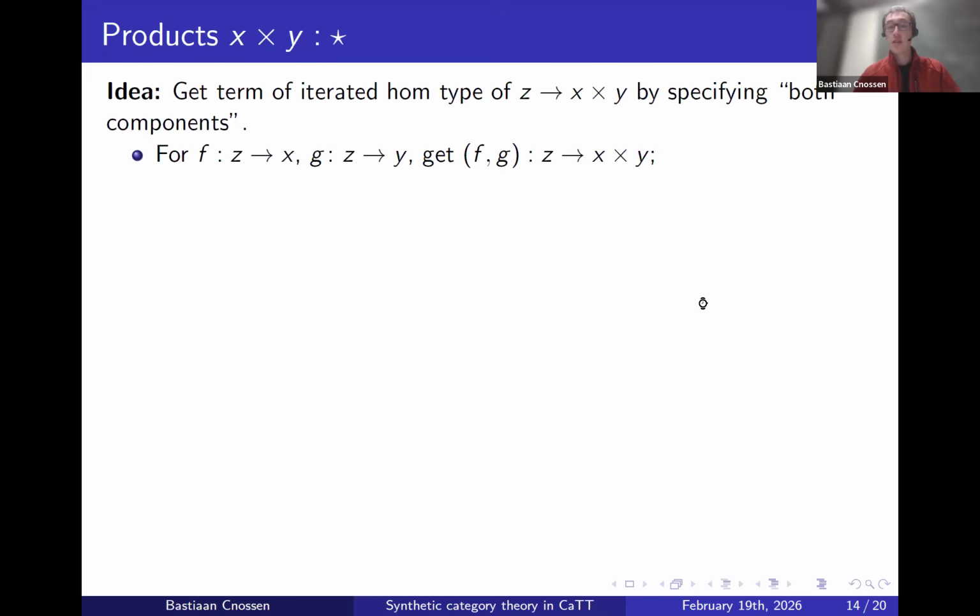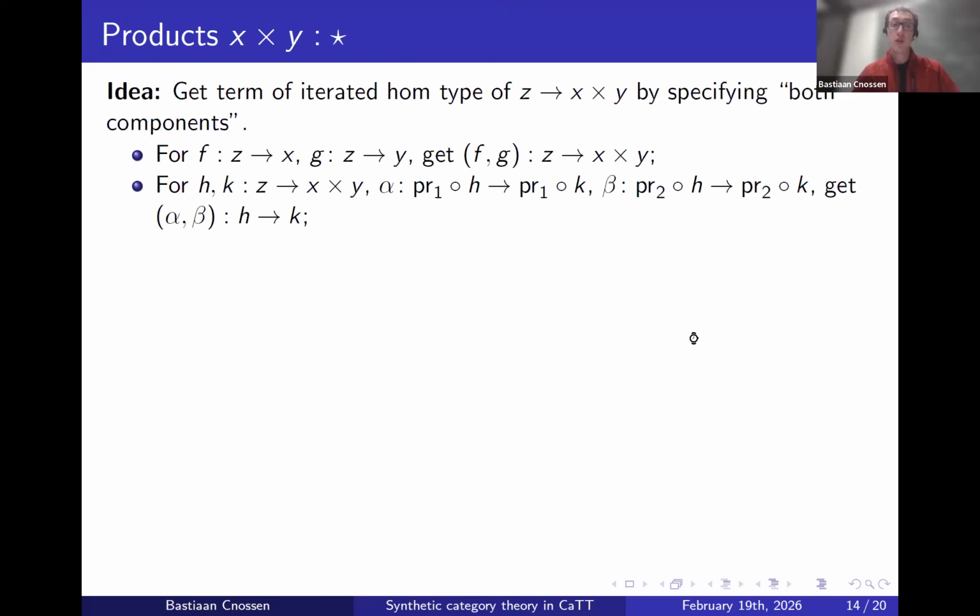Let's look at the next case. Let's say that we have two maps into the product, H and K. In this case, the way we should be able to produce a 2-cell between H and K would be to say: let's assume we have a 2-cell after composing with the first projection map, let's call it alpha.